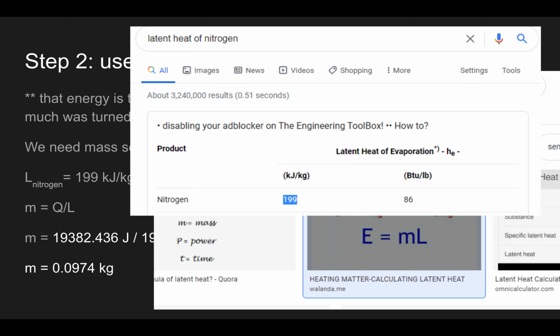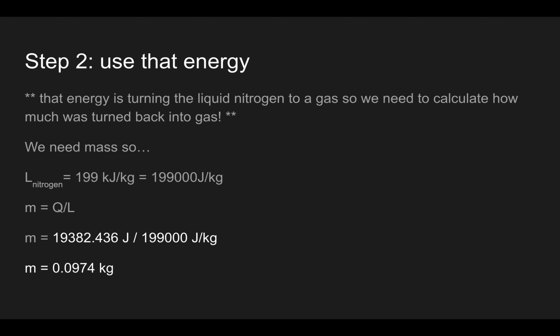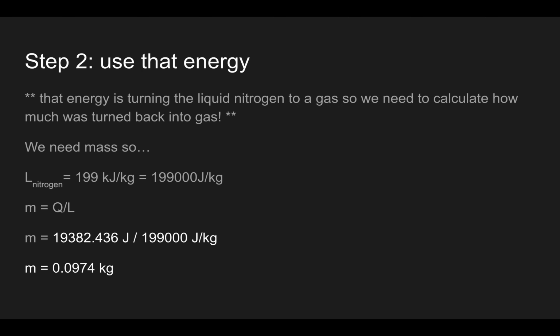We do that by using the latent heat. We looked that up. The latent heat of nitrogen is 199 kilojoules per kilogram. Cool. And then we also know the equation to find latent heat: E equals mL, where E is the energy, m is the mass, and L is the latent heat. So let's plug it in.